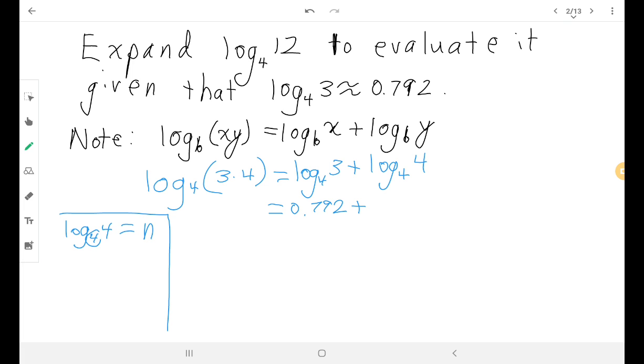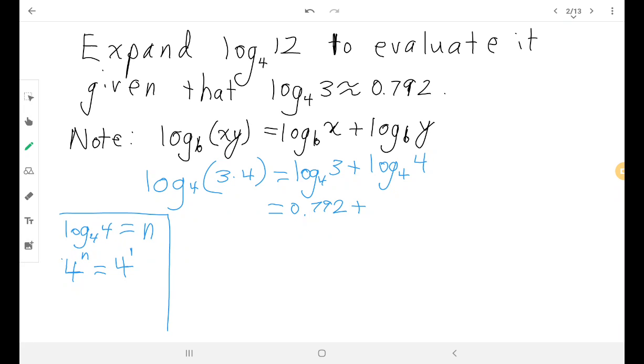So that would be the base raised to this, so 4 to the n power is equal to 4. And 4 is 4 to the first.